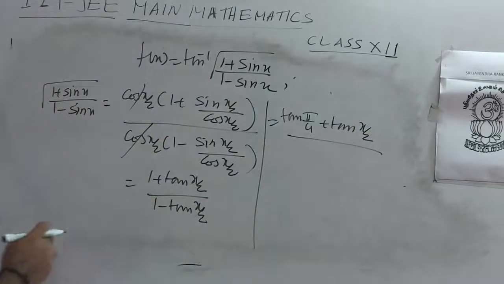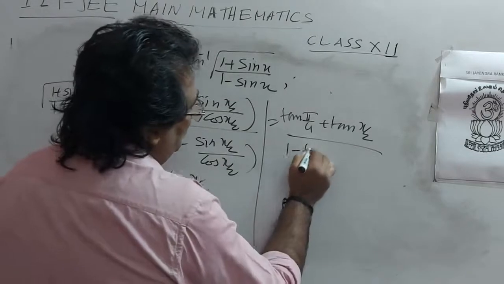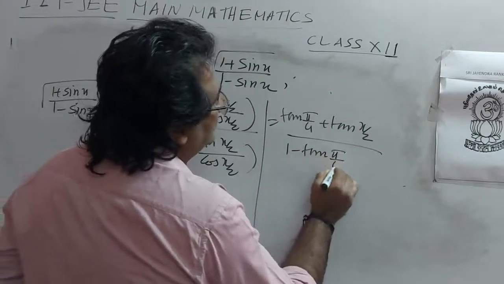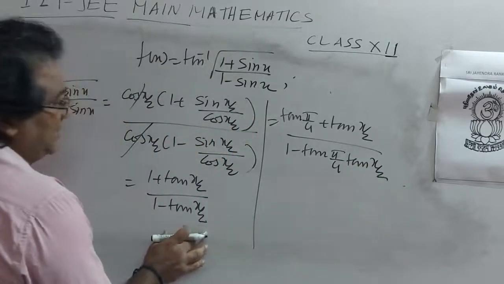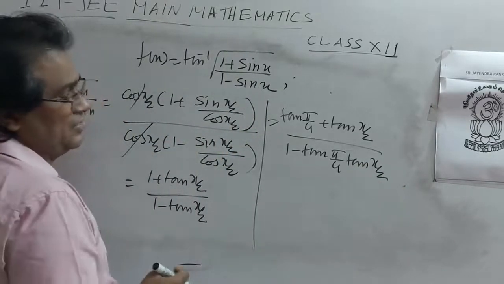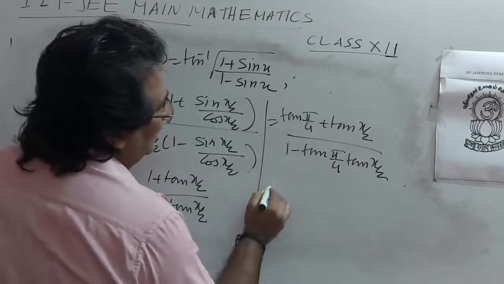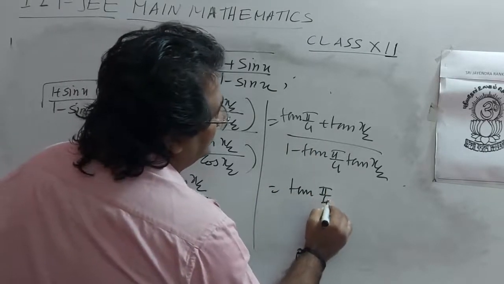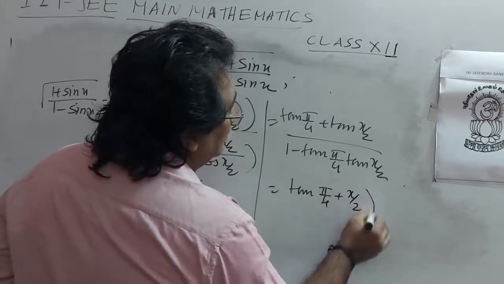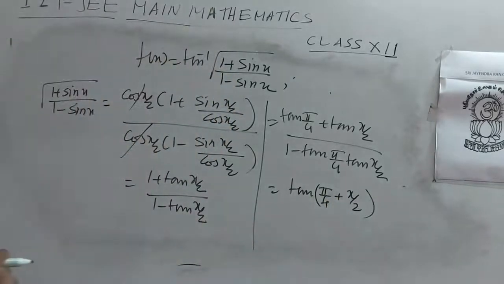In place of 1 you can write tan 45, since tan 45 takes value 1, so the answer has not changed. So this is of the form tan of a plus b: tan of pi by 4 plus x by 2.